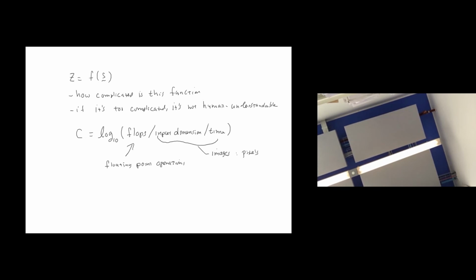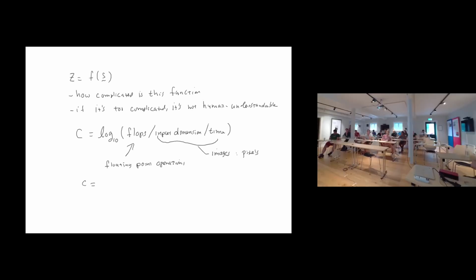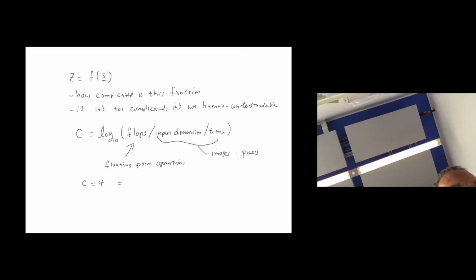Okay. So if I present an image and I want to recognize it, let's say C equals 4. That implies it takes 10,000 floating point operations per pixel to recognize it.